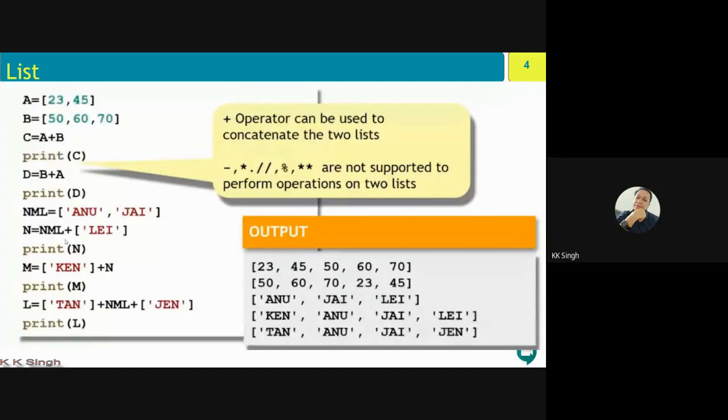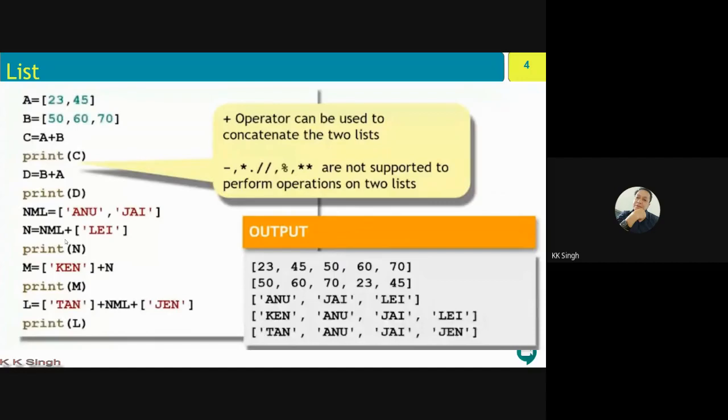So if you apply C is equal to A plus B, this means that the two lists A and B are concatenated. When you print it, it will print 23, 45, 50, 60, and 70.